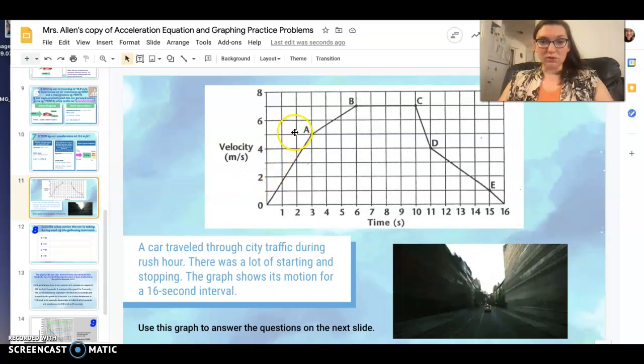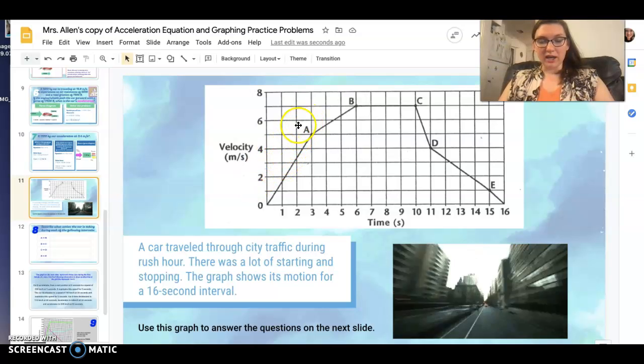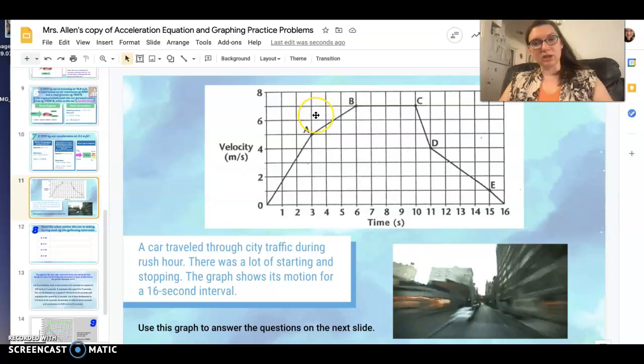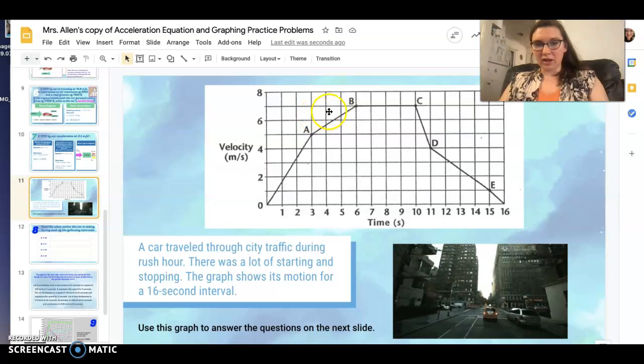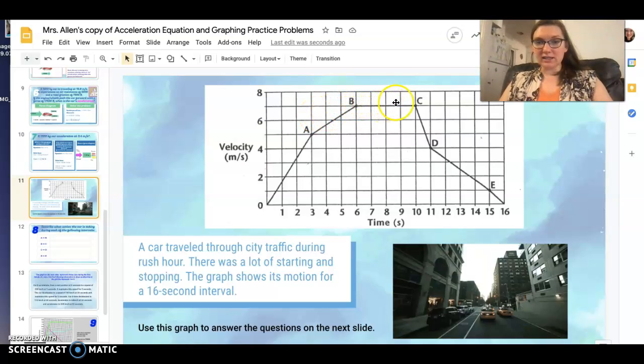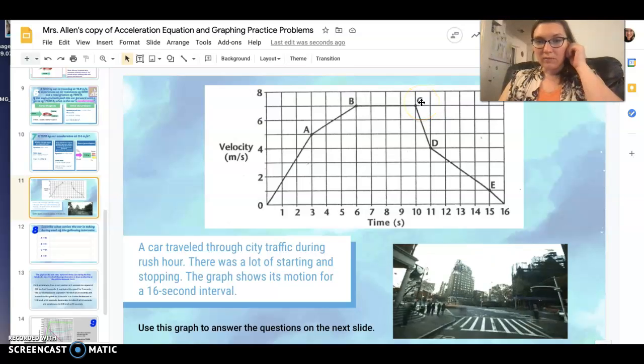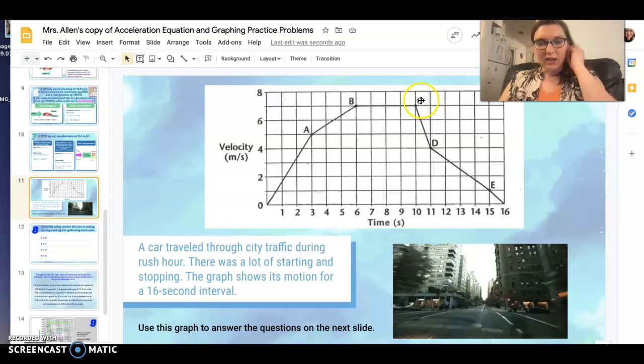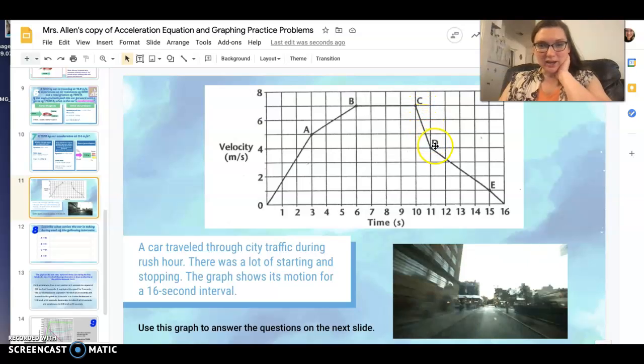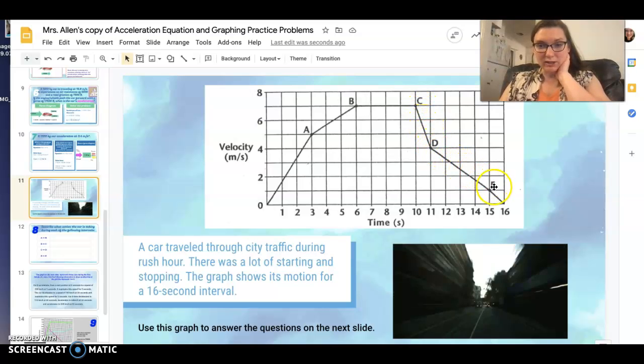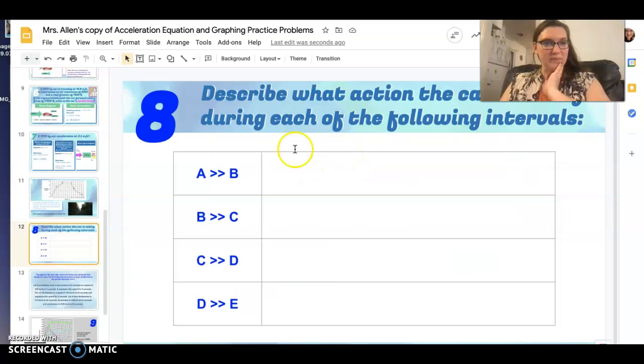It's going in a forward direction pretty fast, and then a little bit slower, and then it's maintaining that same speed for a while, and then it's decelerating pretty quickly, and then decelerating a little bit slower, and then decelerating to a stop.